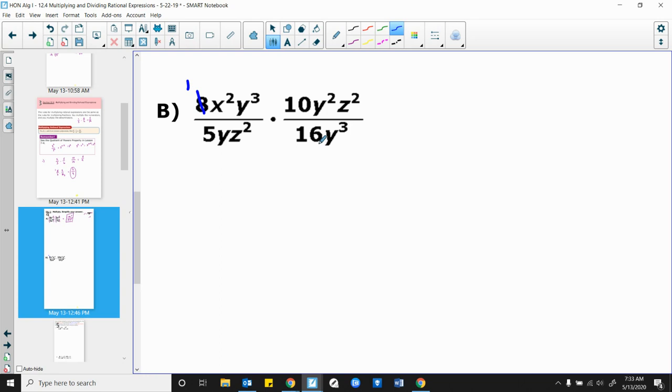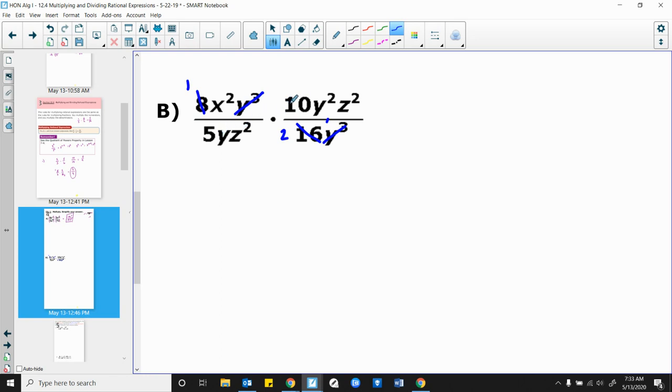How many times does 8 go into 16? Well, it goes in twice. Okay. These y to the thirds are also going to cancel. So this y to the third cancels, and this y to the third cancels. All right, and I'm left with x squared and then 2.